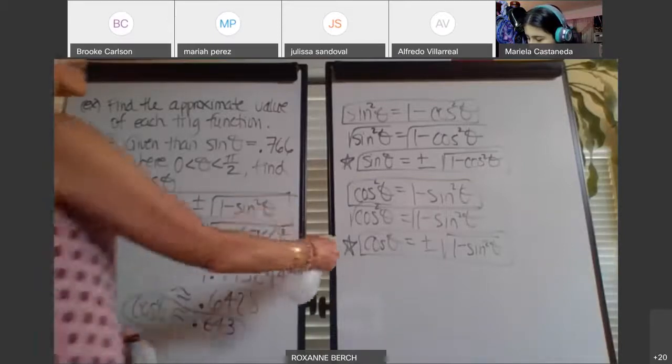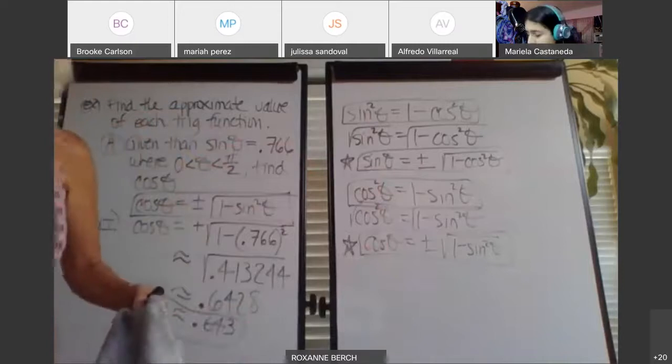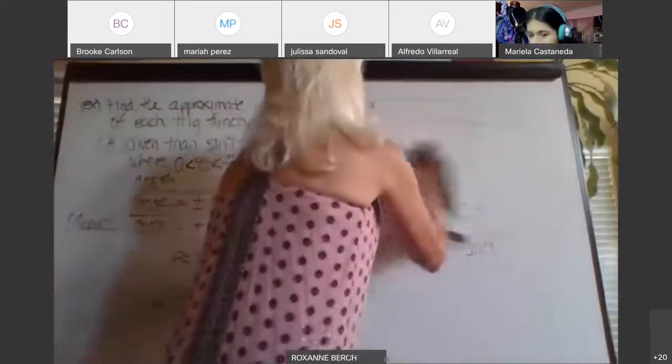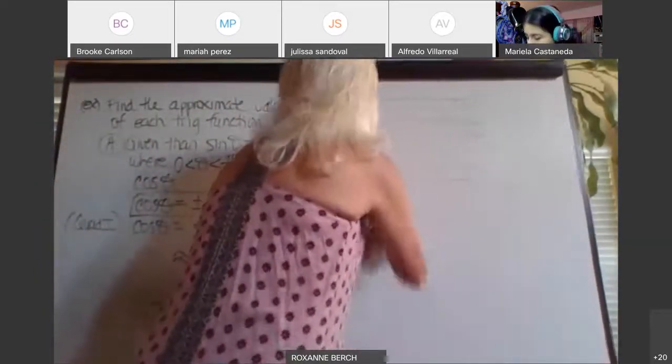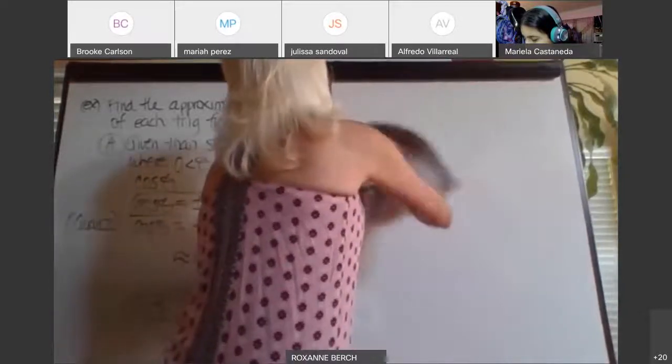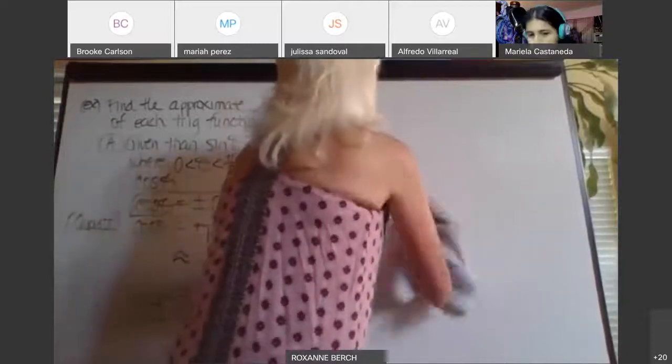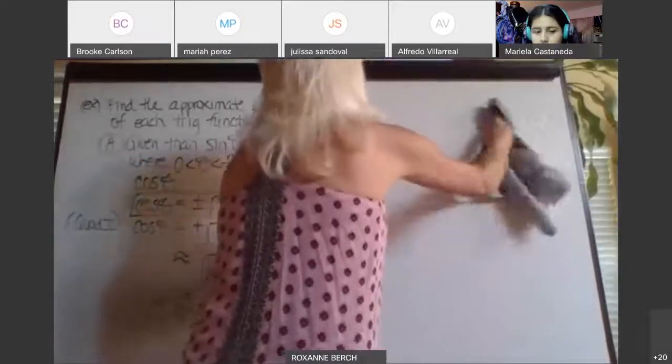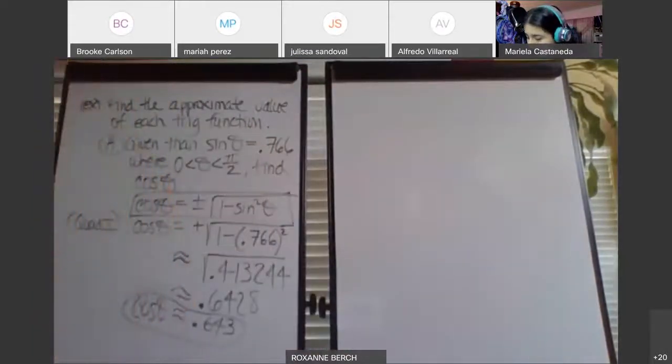I'm gonna erase this. You guys have this written down, so you have the formulas. I don't care if you skip a step, but just make sure you're using the calculator right and make sure you have your calculator in the correct mode.